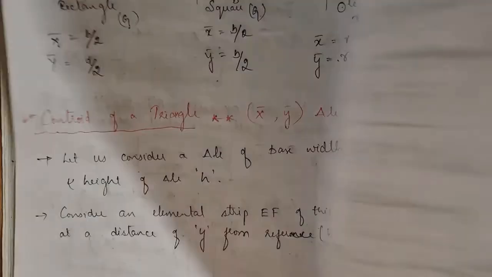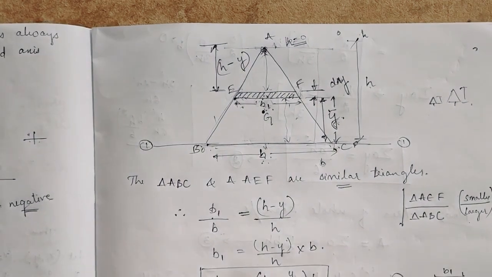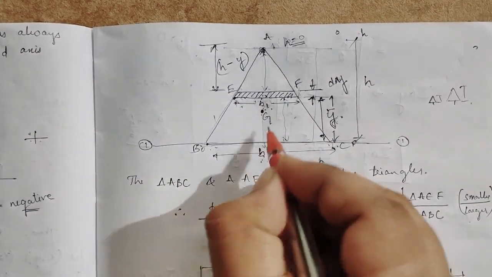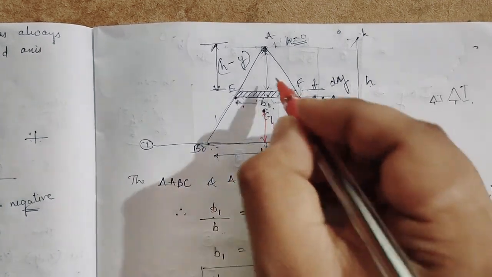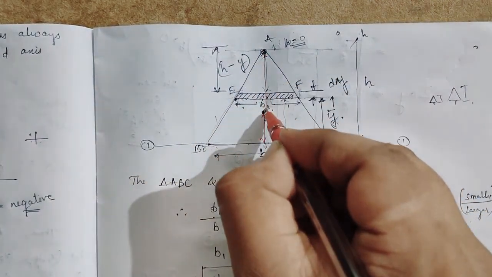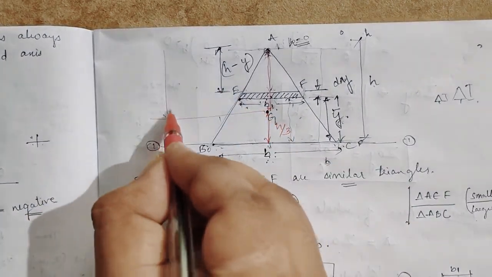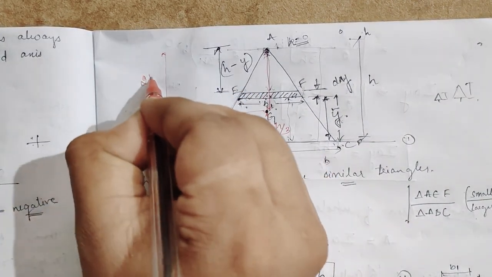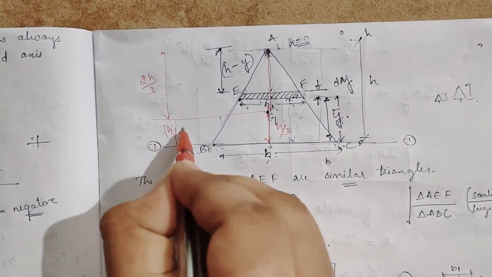So here, the centroid G we marked, the distance is h by 3. The distance from the apex is 2h by 3, and this one is h by 3.